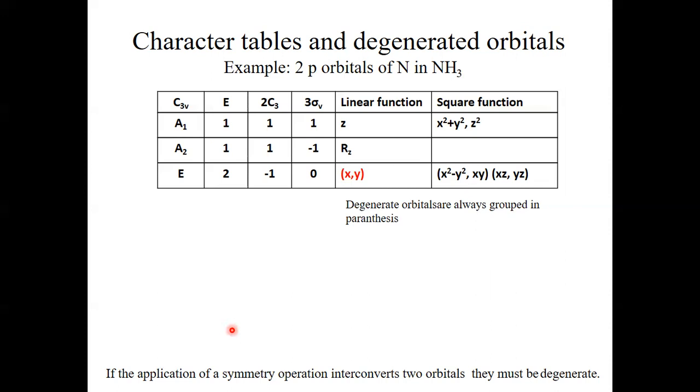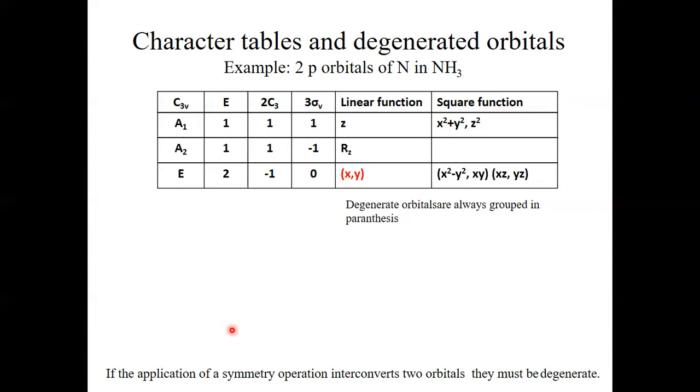This degeneracy is often not easy to see by inspection. Therefore, the character tables provide a great help. Just a quick look into a character table can tell you when two orbitals are degenerate.